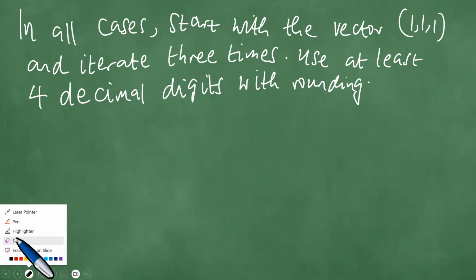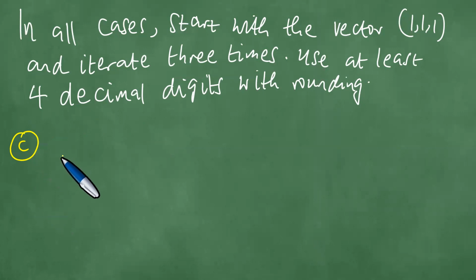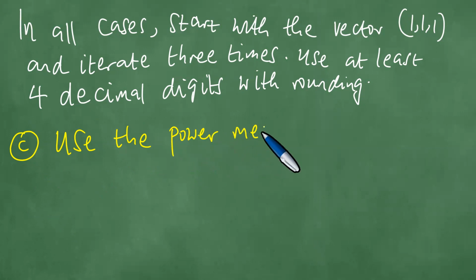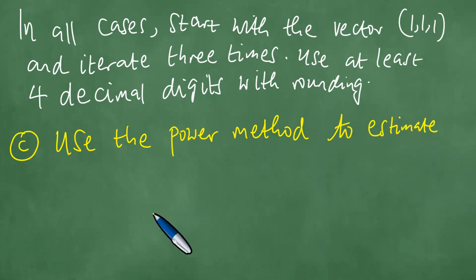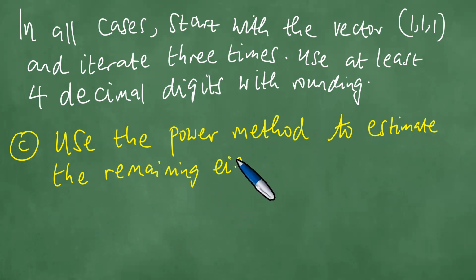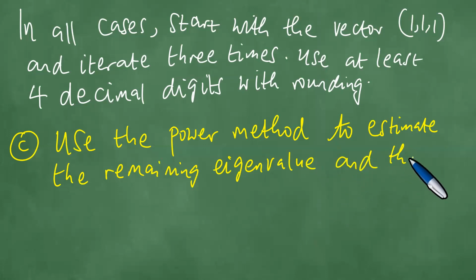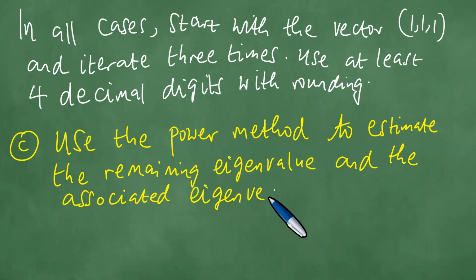I'm going to call it question C. Use the power method to estimate the remaining eigenvalue and the associated eigenvector.